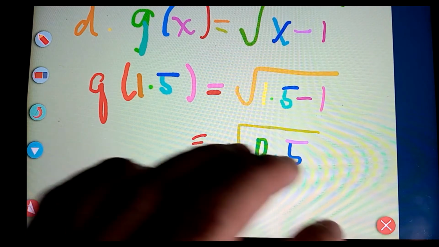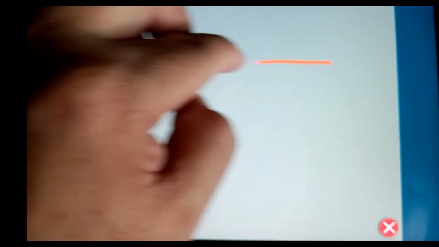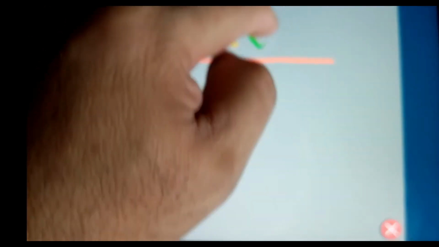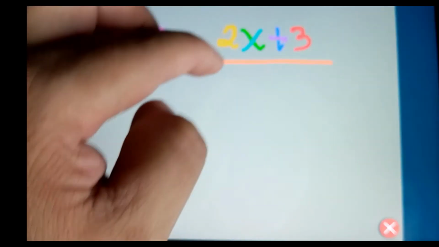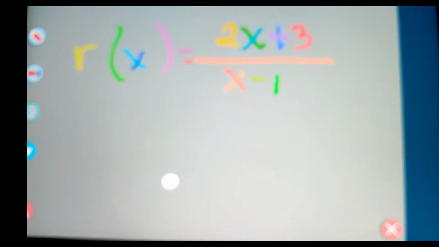Next, another example. Same domain, x is 1.5. Given r of x, in the form of a rational function, 2x plus 3 all over x minus 1.